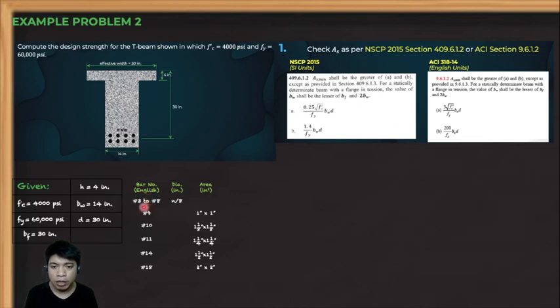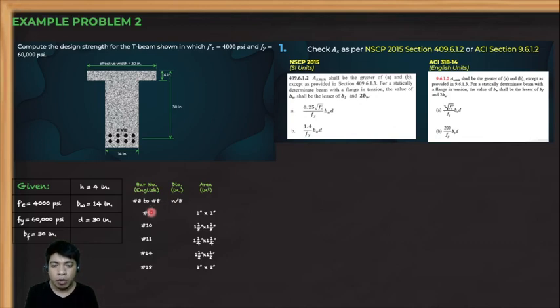If the bar number is from number 3 to number 8, we can get the diameter of that bar by dividing that number by 8. For example, for a number 4 bar, 4 divided by 8 is 1/2 inch. That is the diameter for the number 4 bar.